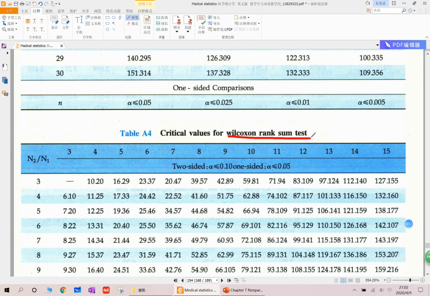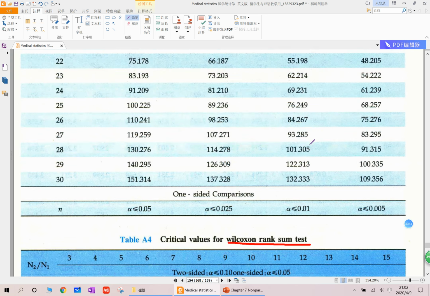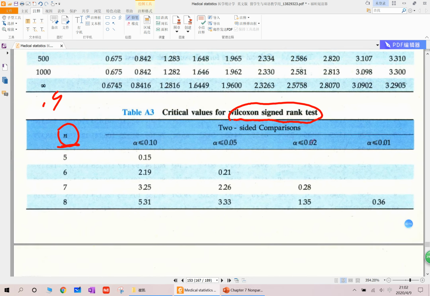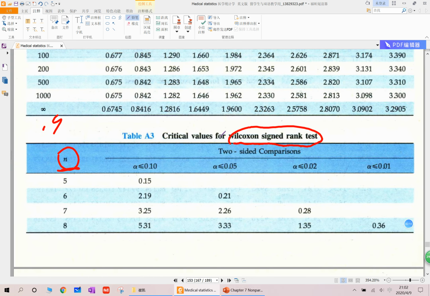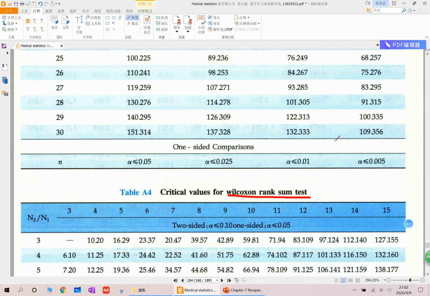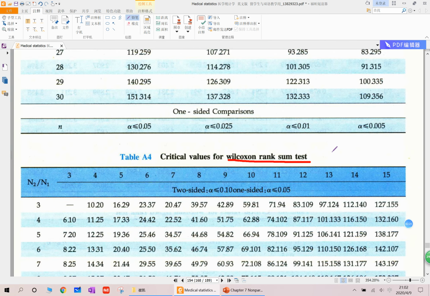This is very important. Let's compare this title with the title for table A3. This is the critical values for Wilcoxon signed rank test. They are different, right? In table A3, it's used for signed because we calculate the test statistic by using the signs.